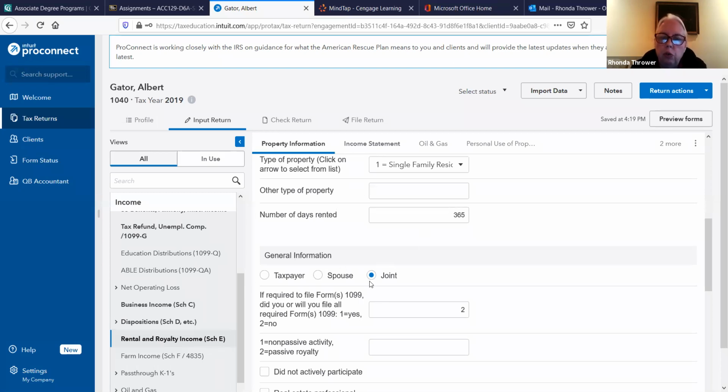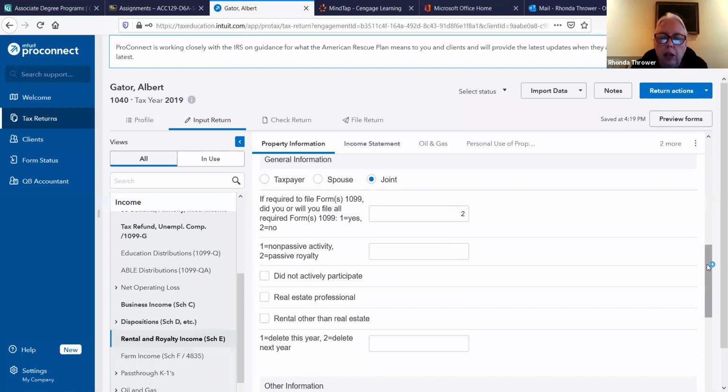Also, they want you to tell whose information this relies upon; it's both husband and wife, as they own it jointly. And then it says, if required to file Form 1099, did you or will you file all required Forms 1099? Well, we didn't have to do any 1099 forms, so I just chose 2 here. Also, they told us information about management in this property, and they said they were actively involved.